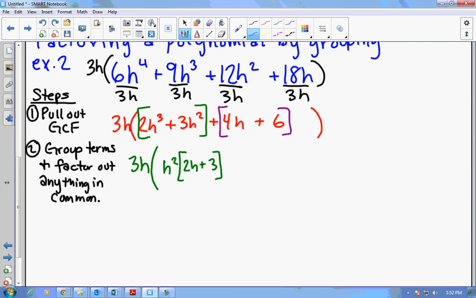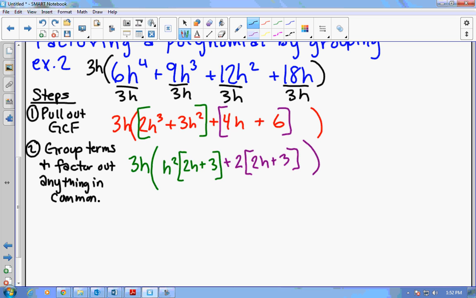Don't be the evil shoulder angel. No? They're evens, right? Oh, yeah. 2. So a positive 2. I think we should let Brandon tell us what's remaining when we factor it out, because he was being like the evil shoulder angel over there. 4h plus 6, dividing by 2. Good.